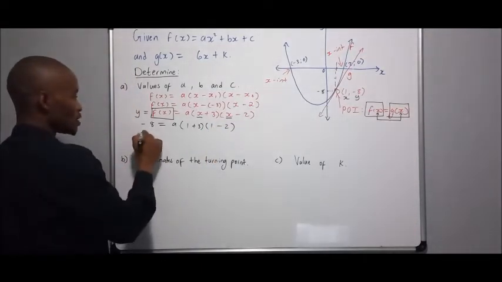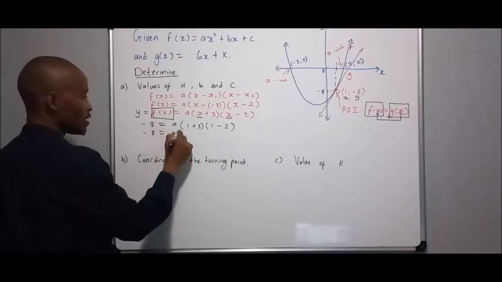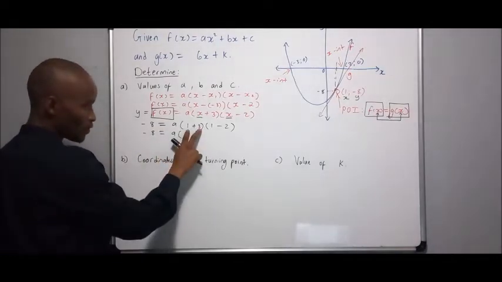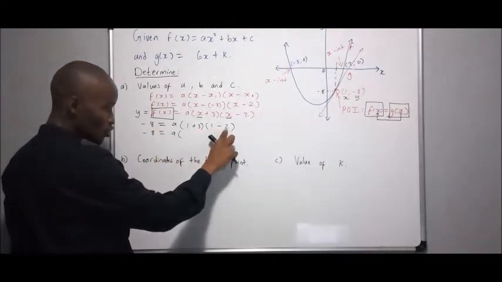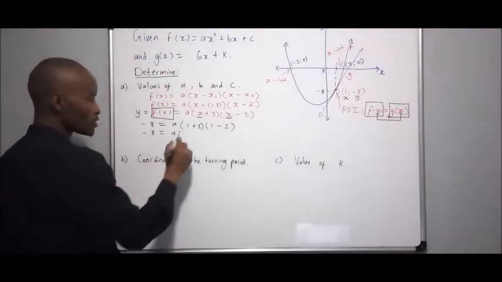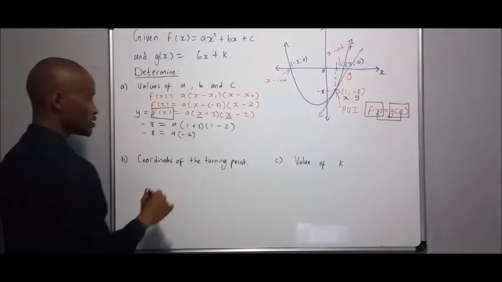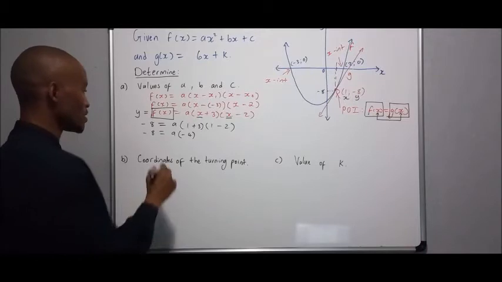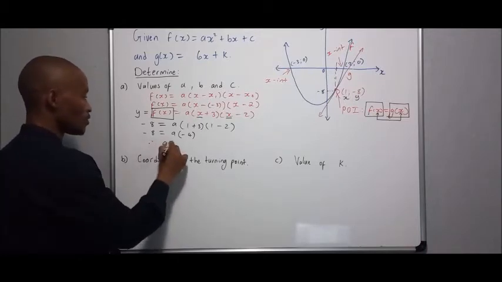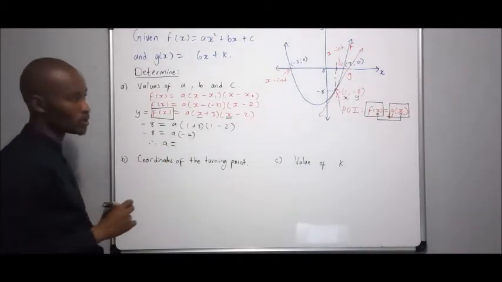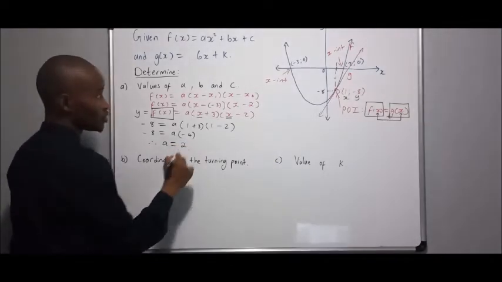What do we have on the right hand side? A times 4 times 1 minus 2, which is -1. 4 times -1 is -4. Divide both sides by negative 4, therefore a is equal to 2.